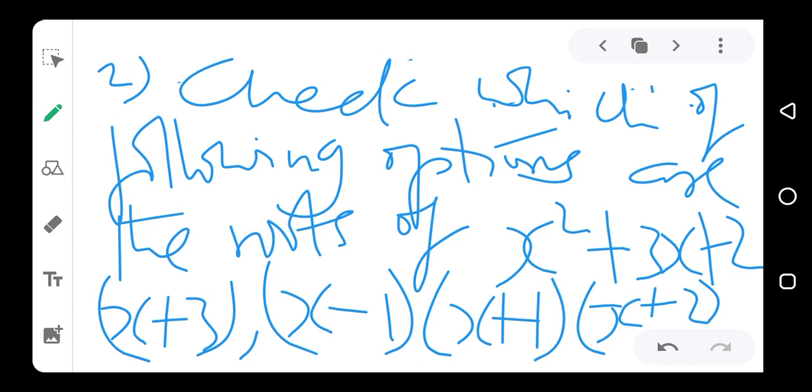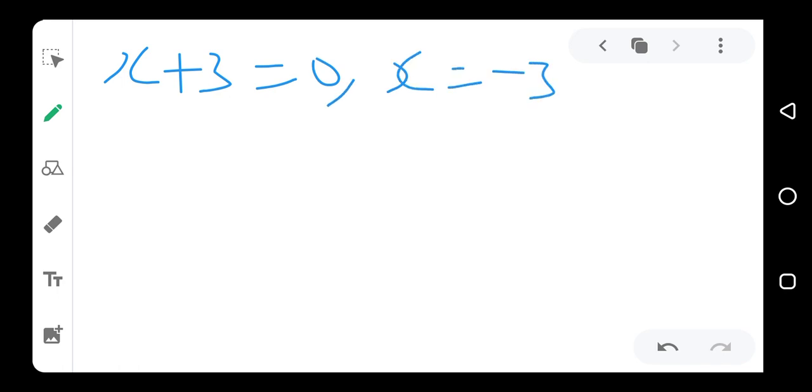X plus 3, if you equate this to 0, it means that x is equal to minus 3. Now let's put this as the function to check for the 0 of the expression.